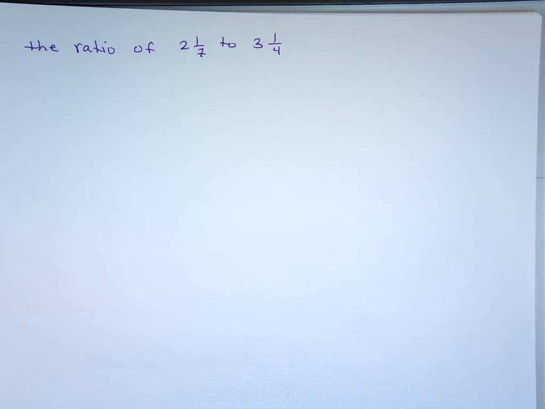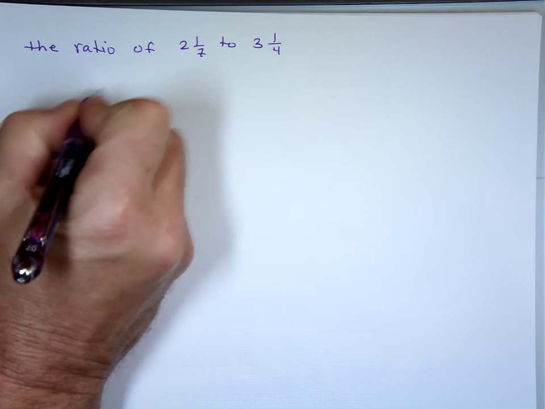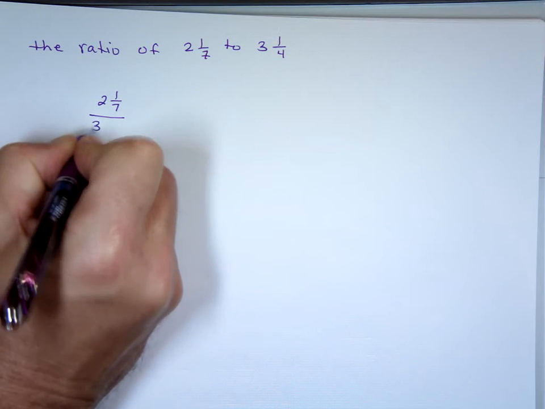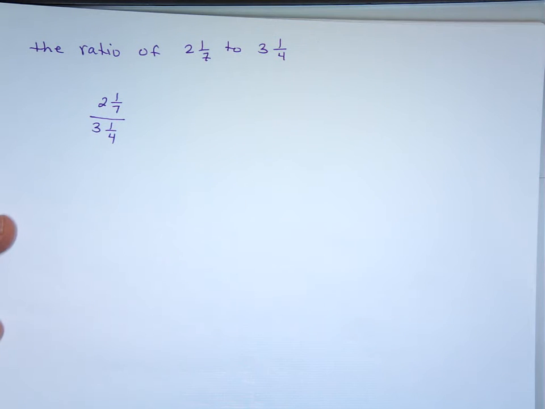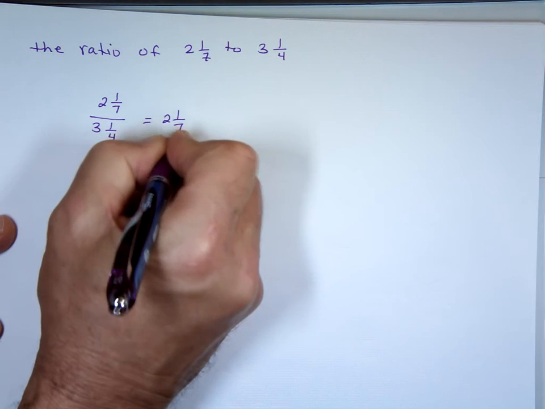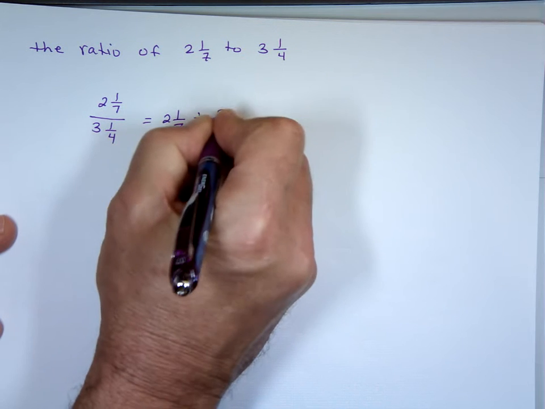I know you don't like them. That's 2 1/7 over what? 3 1/4. Again, look at it. It says take 2 1/7 and do what with it? Divide it by 3 1/4.